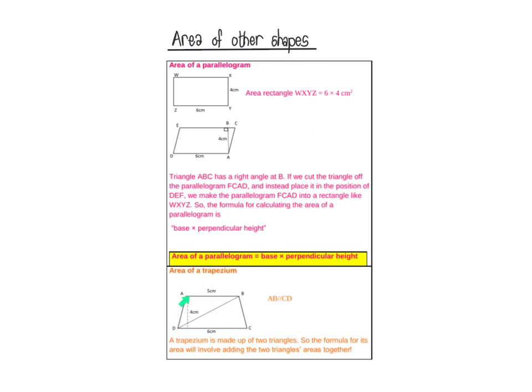So it's going to be half of base times perpendicular height. For this one, half of base times the same perpendicular height. It's just going to be inside the triangle for this one. So the calculation for ABD is half times 5 times 4, and for BCD is half times 6 times 4, or just 5 times 4 divided by 2, or 6 times 4 divided by 2. So therefore written out like this.